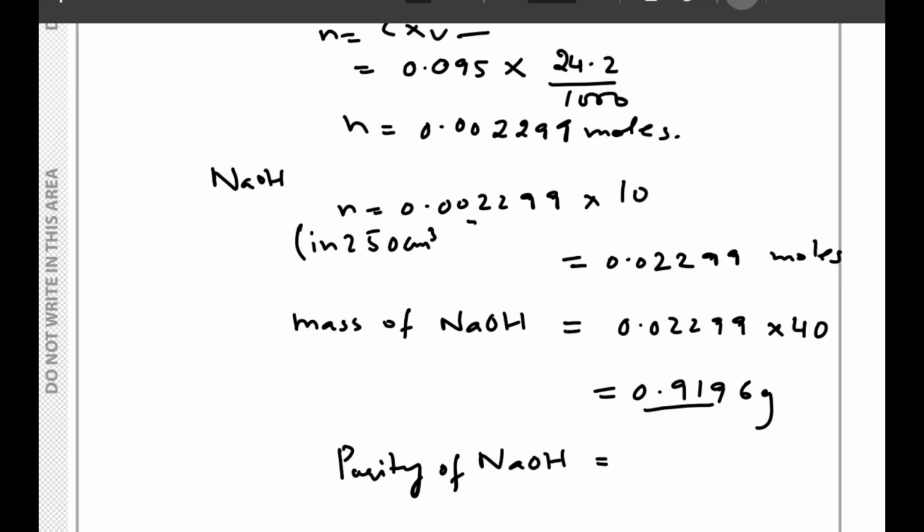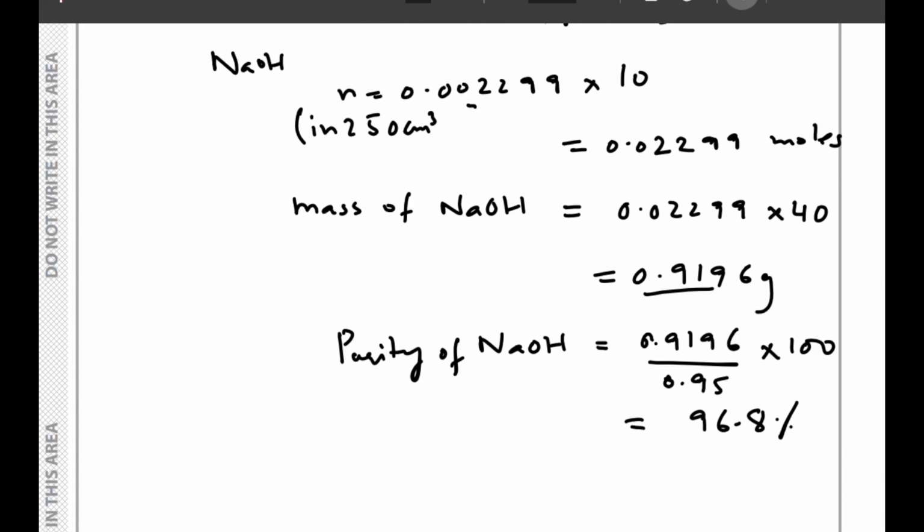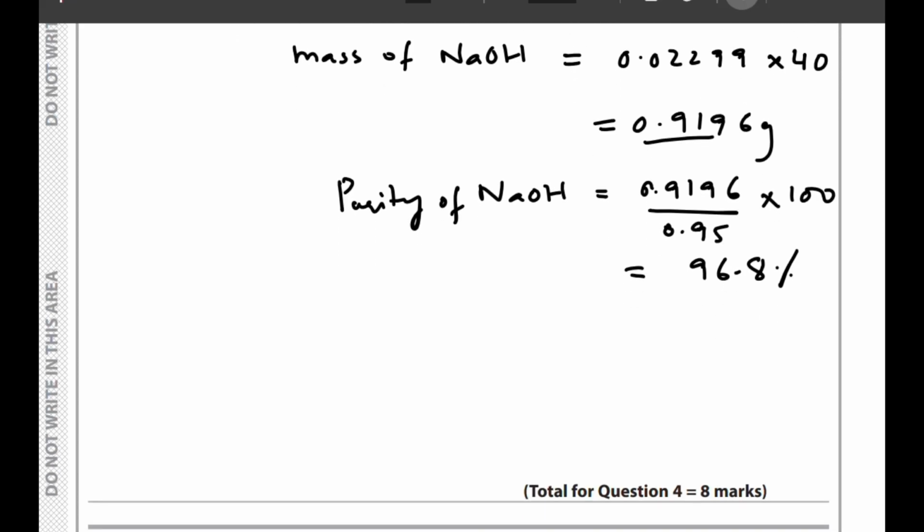And the mass which we have calculated is 0.9196. So 0.9196 divided by 0.95, and we will multiply the value by 100 because it's percentage purity, so it comes 96.8%. Okay, so in this way you can find the percentage purity.